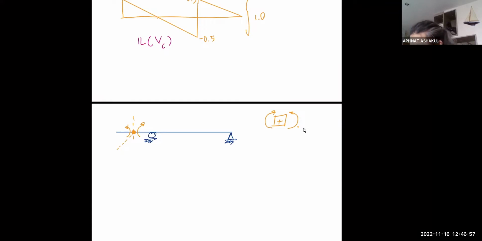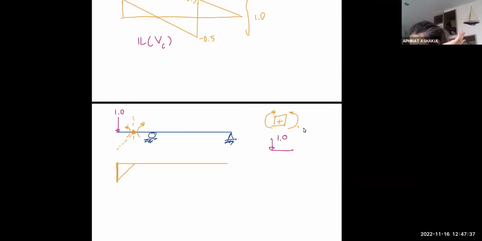But for the right portion, we have all the restraints in place. So this moment cannot move the right portion at all, which means the influence line of the moment at A is essentially just this one. The value you can calculate by applying the unit load here and calculating MA.